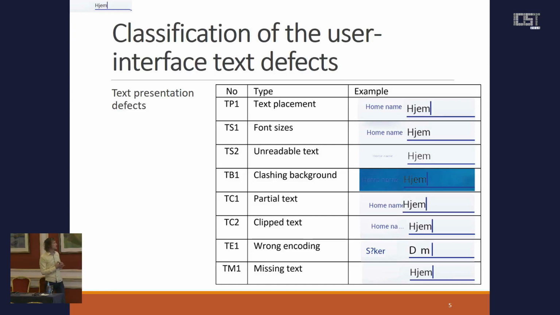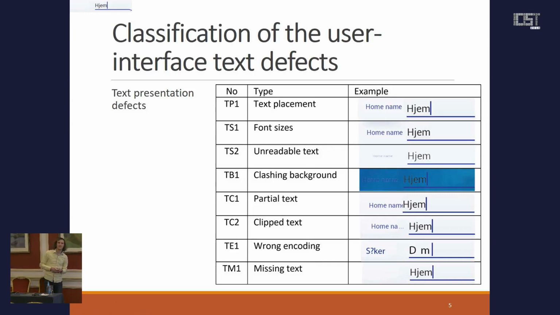This is just a small set of defects which could fit in this slide, where we have identified a little bit bigger set of those defects, and maybe some comments about them. Let's say what's interesting, like unreadable text.